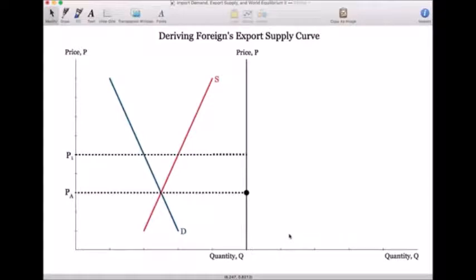So that is what we have at P1. So at P1, we see that as the price goes above the domestic equilibrium, domestic demand is decreasing, or the quantity demanded is decreasing, and the domestic quantity supplied is increasing. So at this higher price, there is going to be a supply of exported goods.